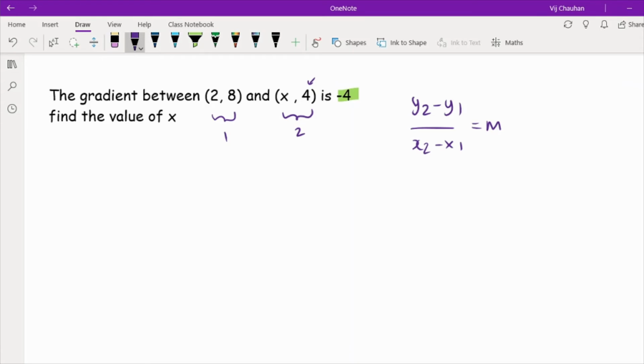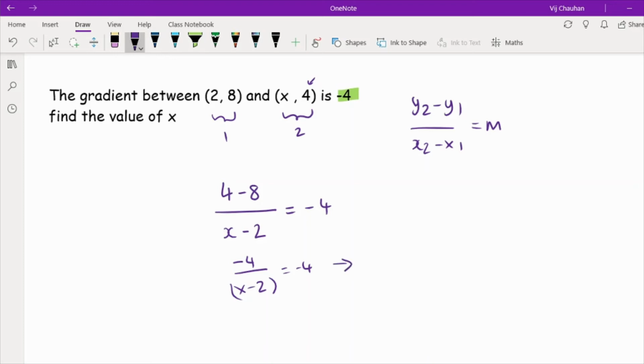So your first coordinate is on the right hand side, your second coordinate is on the left hand side of your formula. Here what I've got is 4 minus 8 over x minus 2, and that all equals minus 4. Now I can simplify this as minus 4 over (x minus 2), and I'm going to put that in brackets, which should give you a clear indication about what we're going to do next.